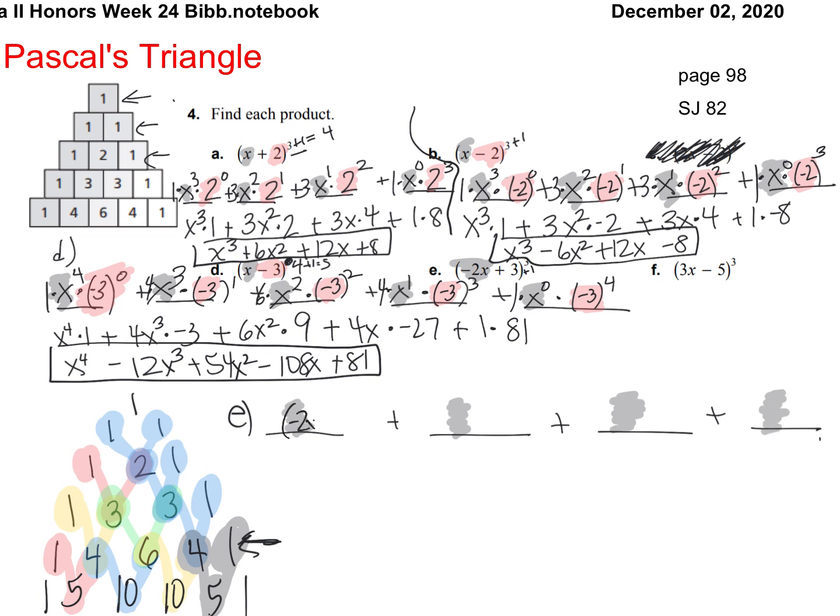So negative 2x, negative 2x, negative 2x, negative 2x. And this would be 3, 2, 1, 0. And then in the second spot, I'm going to put positive 3.